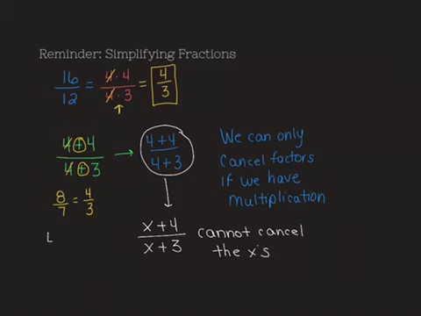If we had 4 times x over 3 times x, then we could cancel those x's out. But here we cannot. Here we can because it's multiplication.